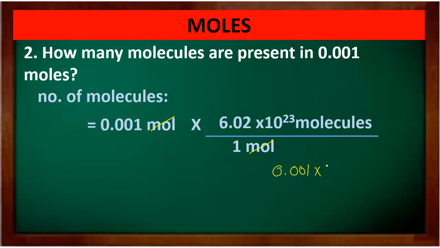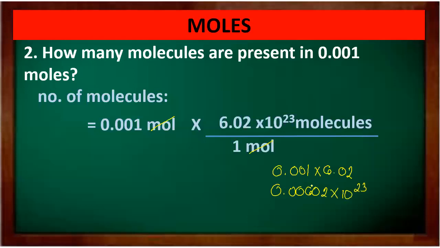Set aside, as is lang muna siya. Times 6.02, that will actually give us an answer of, okay, dito. 0. Dalawang 0. 602. So carry natin the same sign, times 10 to the power of 23.